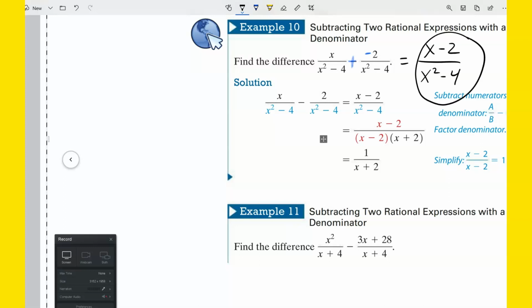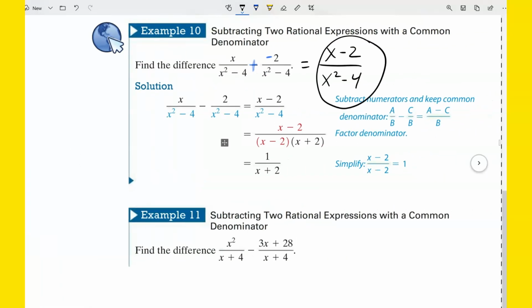Now this one would be our final answer, except that we can factor that. So that becomes x minus 2 over this part factors as x plus 2, x minus 2. This cancels. So when everything cancels on top, you're left with a 1 on top. See, x minus 2 over x minus 2, that's 1.